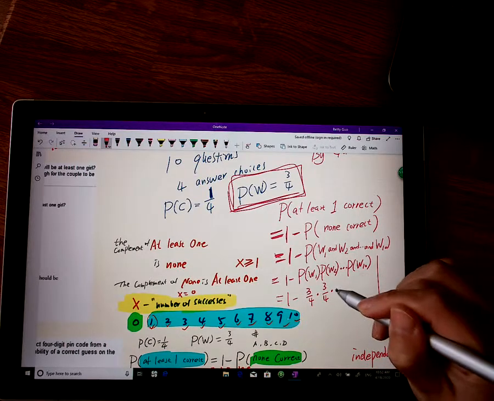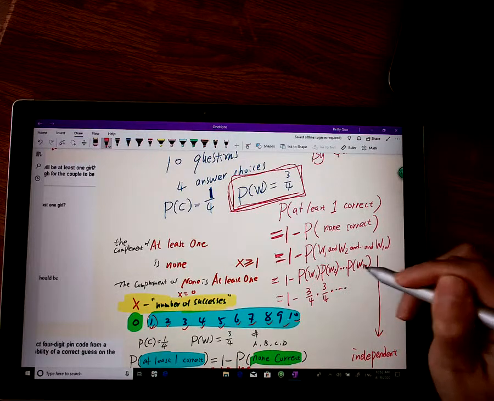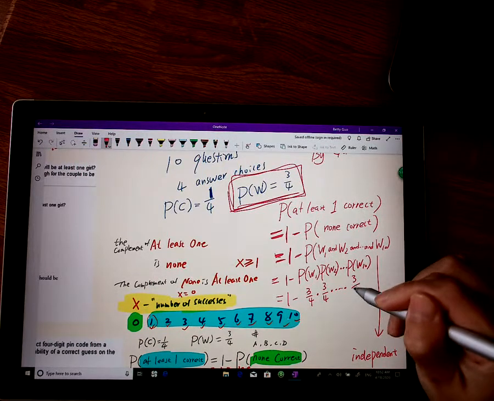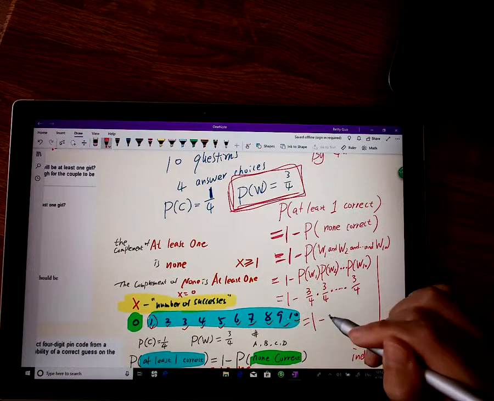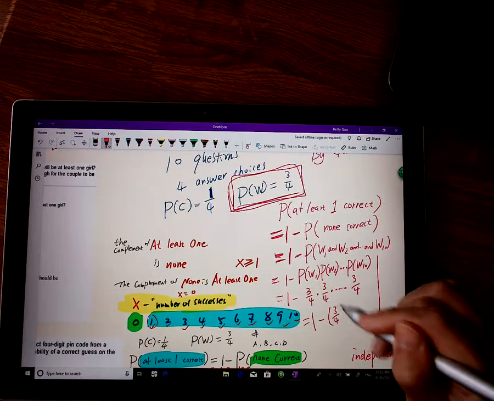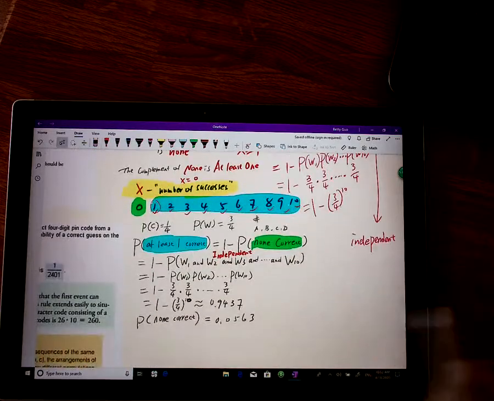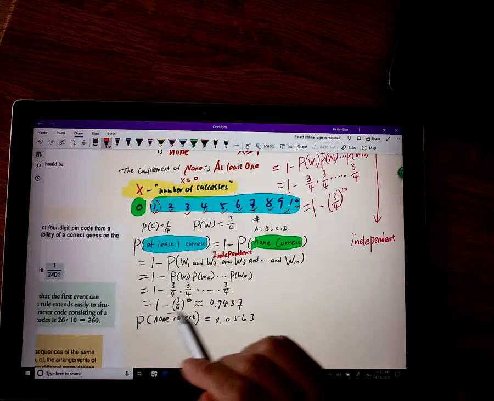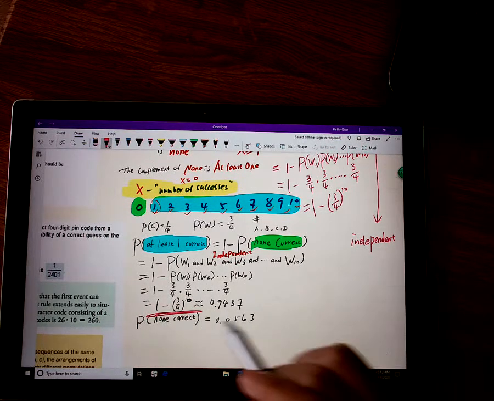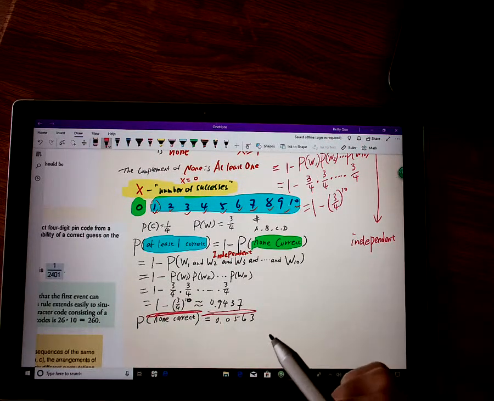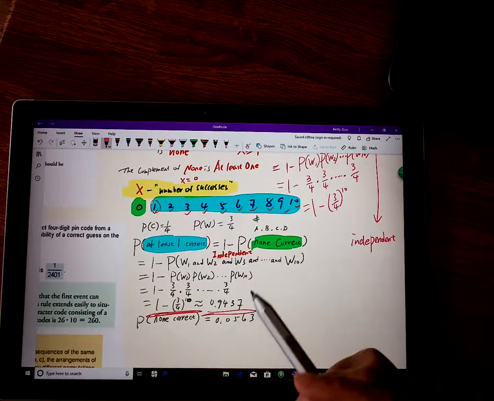What's the probability of the 10th question you get it wrong? Still 3/4. So here we have 3/4 to the power of 10. Do you have a calculator?